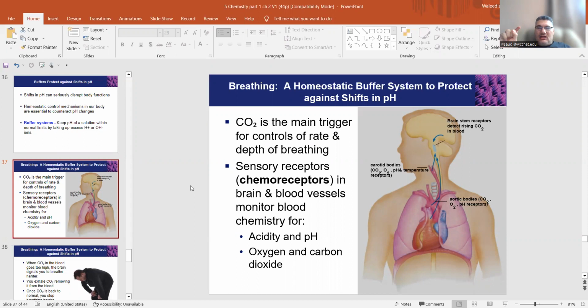Remember these? I told you guys it was important. Remember cellular respiration: glycolysis in the cytoplasm, then the Krebs cycle, citric acid cycle, and electron transport chain in the mitochondria. Do you still remember that? You have to remember that. When we do this cellular respiration, we end up producing carbon dioxide.